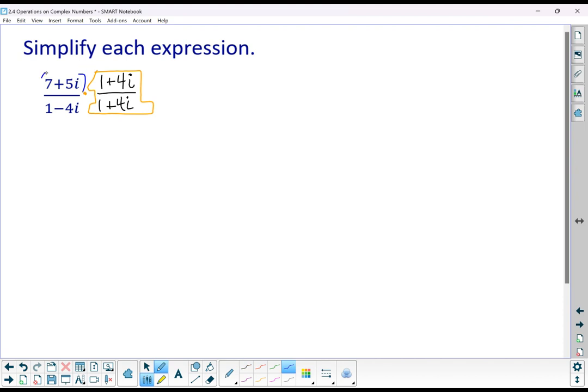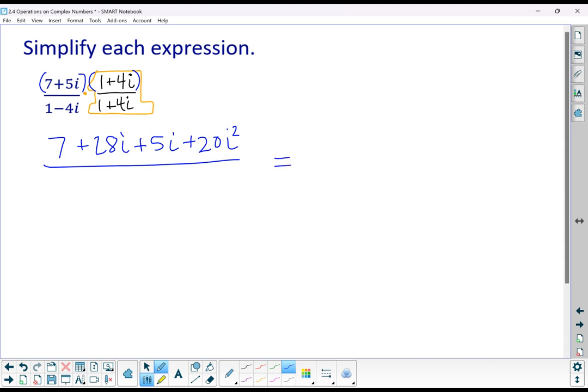7 plus 5i multiplied by 1 plus 4i, we get a 7 plus a 28i, and we get a 5i plus a 20i squared. That's the numerator, multiplying out. Now I'm just going to finish simplifying the numerator. The 28i and the 5i combine to give me 33i.